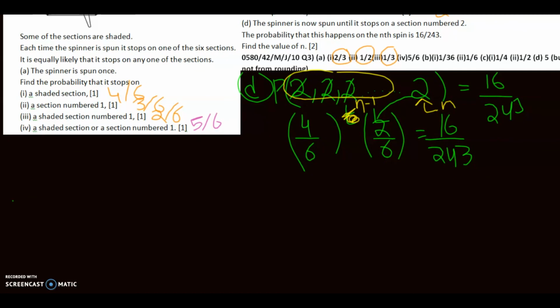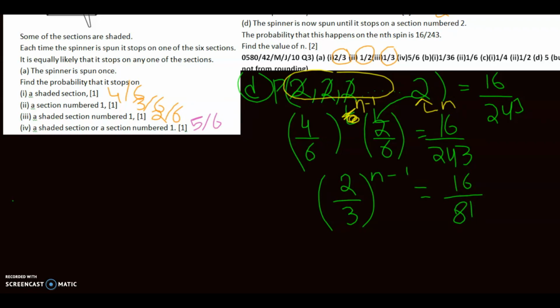Alright, now let's simplify this. So this would become 2 upon 3 power n minus 1. Take everything else to the other side, 16 times 6 divided by 243 times 2, this gives 16 upon 81.